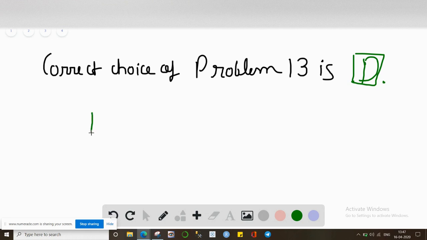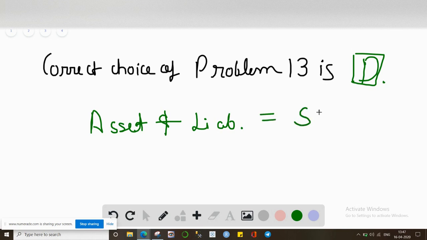Because in D, it is asset plus liabilities equal to stockholder equity. So this is wrong.